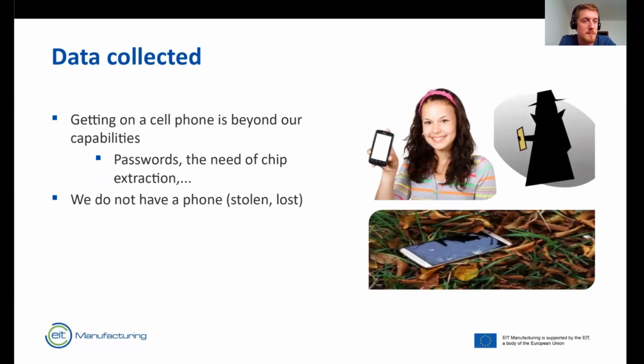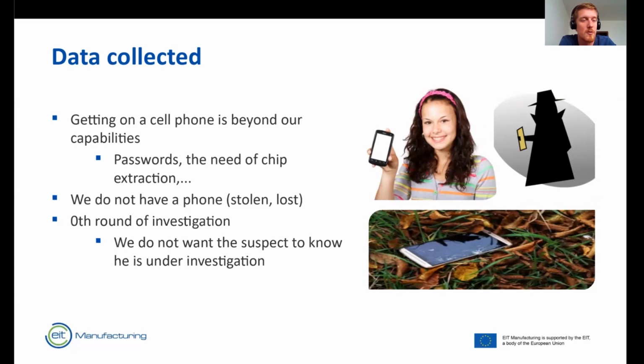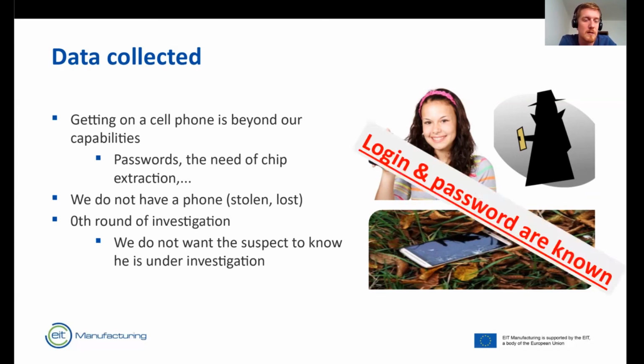We simply don't have a phone because it was stolen or it was lost. Or we can use this data as a zero round of investigation. Or in some cases, we don't want the suspect to know he's under investigation. But in all of these cases, we must know the login and password to the Gmail account. Without it, we can't use this online data.